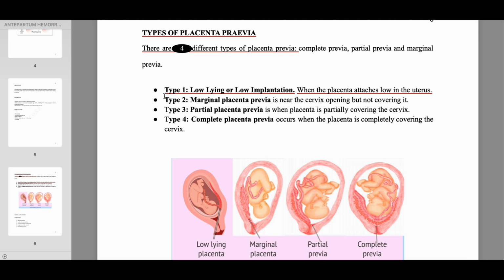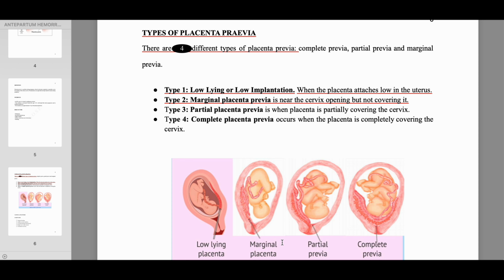Now moving to the next type, type 2, marginal placenta previa. This placenta is near the cervical opening but not covering it. It means, as you can see in this picture, it is at the margin.